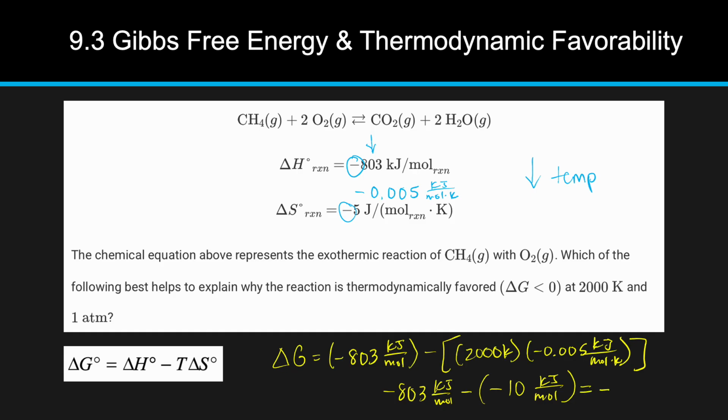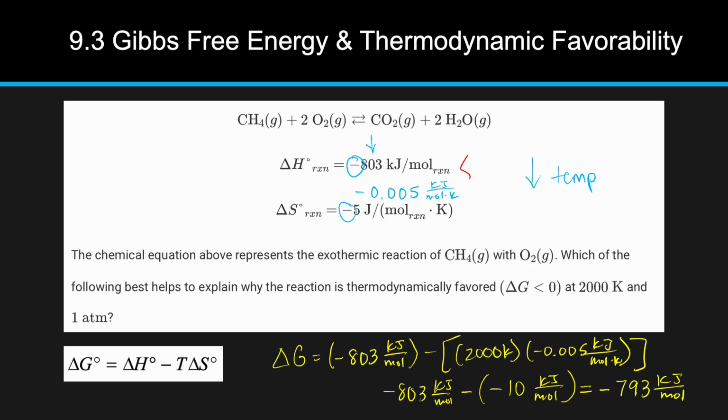So that's going to give us negative 793 kilojoules per mole. So as you can see, even though we were at a very high temperature of 2000 Kelvin, it really didn't budge our delta H because of how drastically different our delta H and our delta S is.